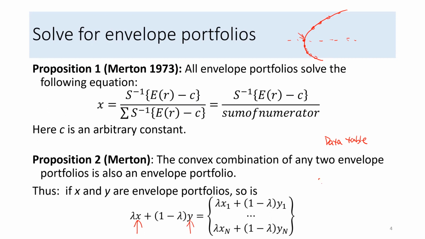All other portfolios, for example portfolio Z and W, will be a convex combination of X and Y. So there's no need for further calculating Z and W. I believe we have an exercise where we have a portfolio Z and follow proposition 1 to solve for X, Y, and Z. Later we're going to find that Z is a function of X and Y.